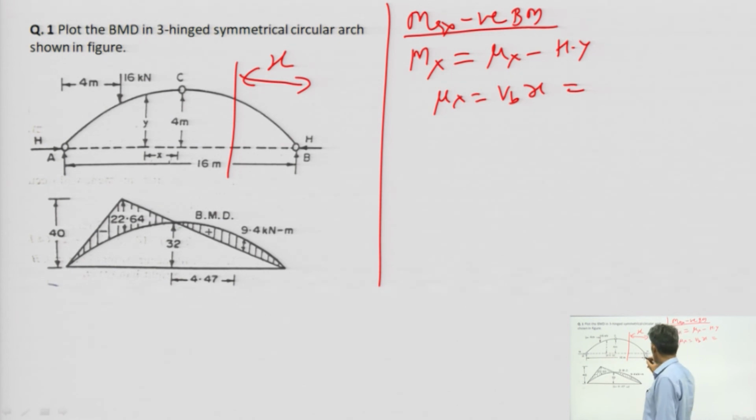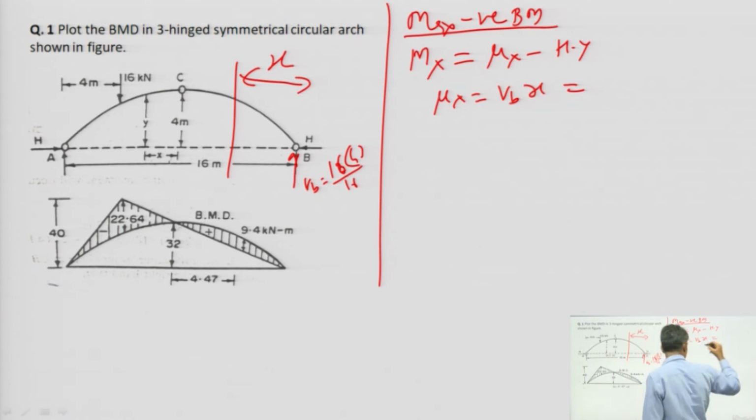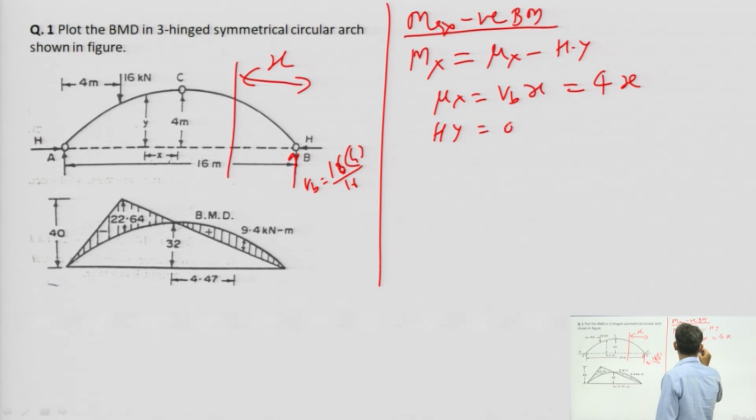V B is 12 into 16 into 4 divided by total length 16. So, V B is 4. So, 4 into x, and H into y. H is 8, and y is 4h by L square into x into L minus x.